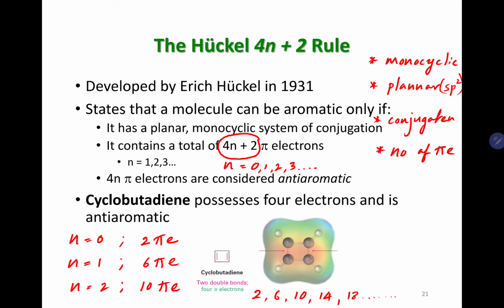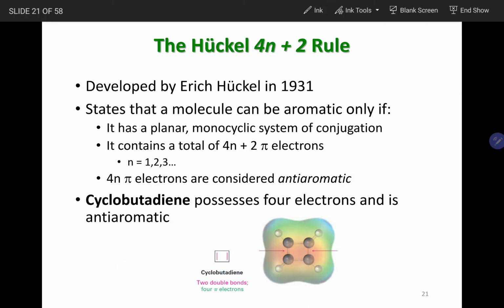So you have to have conjugated pi electrons that fit a solution for the 4n+2 equation. When a molecule fulfills all these checkpoints, it could be considered an aromatic compound. So it doesn't have to be only benzene. There are many other molecules that could fulfill this checklist.